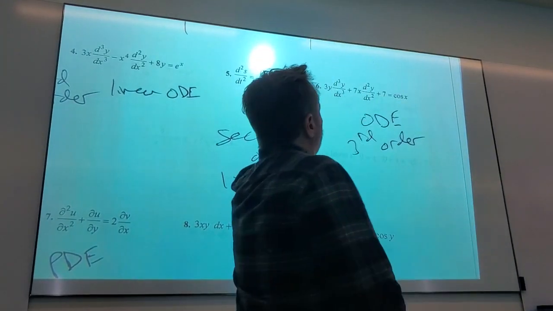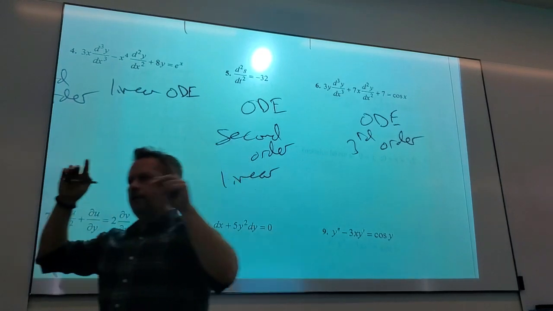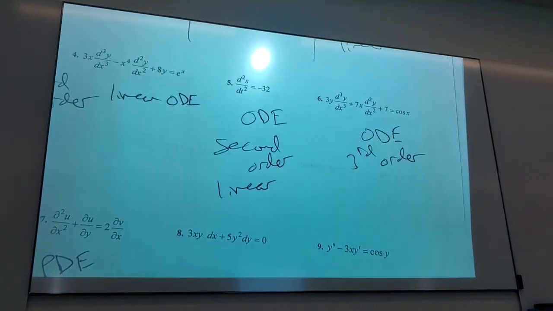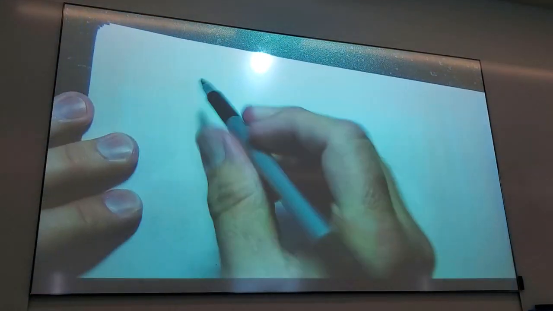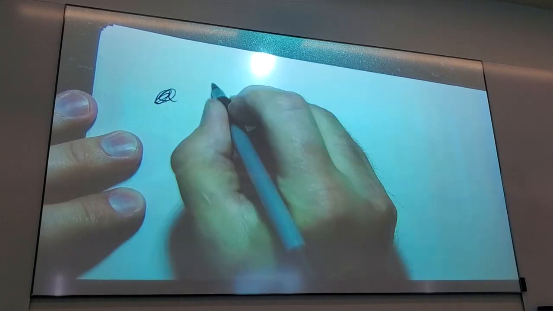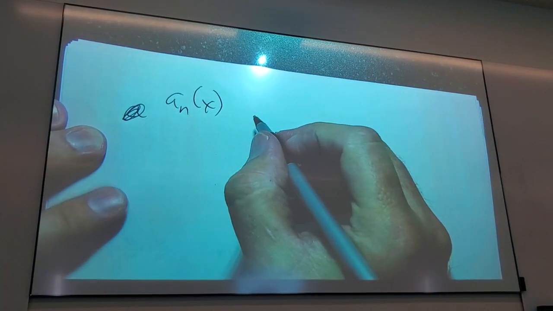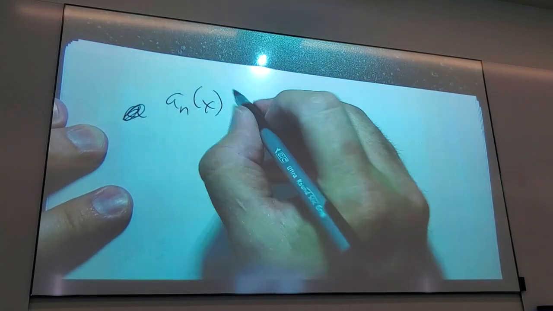Yeah. Somebody last time asked about this, and let me write this down while I'm thinking about it because it relates to what we're doing here. My kingdom for any paper. Okay. Here is the general nth order linear differential equation, right?